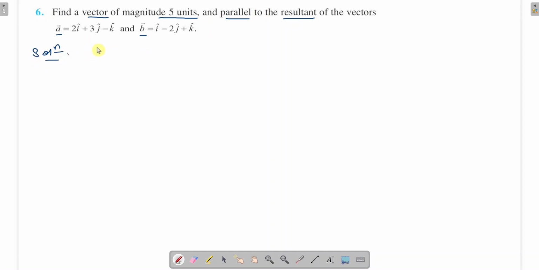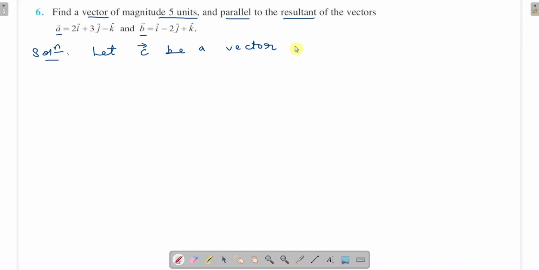So what we will do is we will let one vector with the conditions which are given in the problem. So let c bar be a vector. Just write what is given in the question.